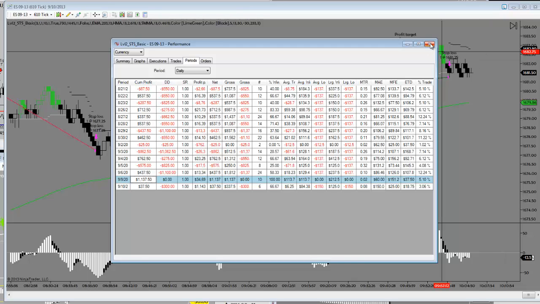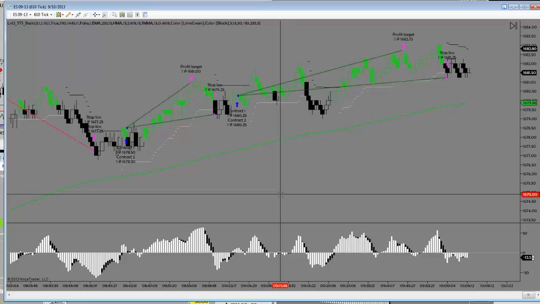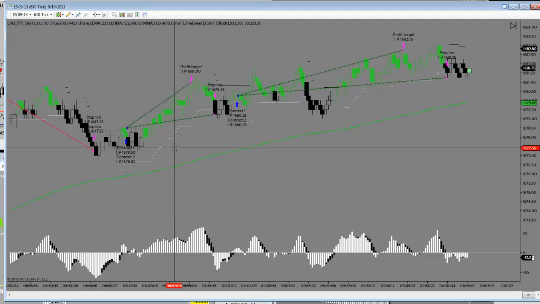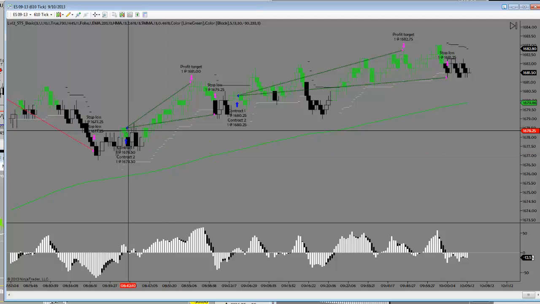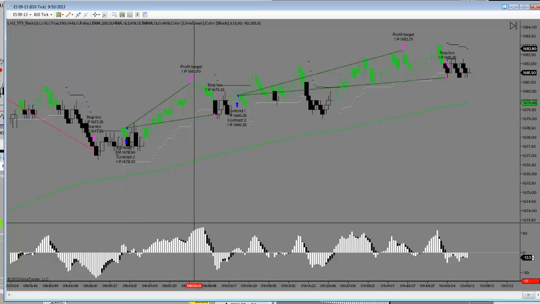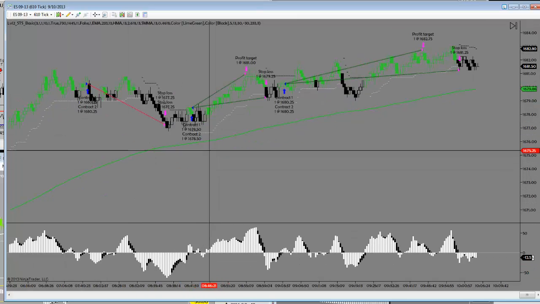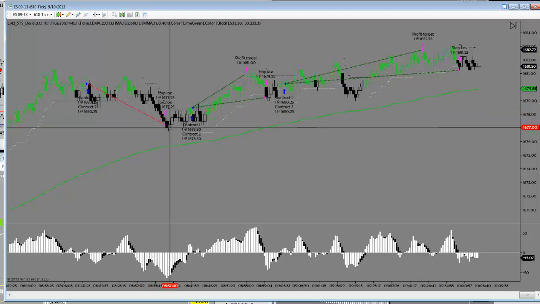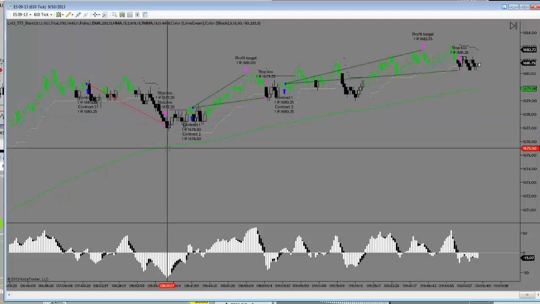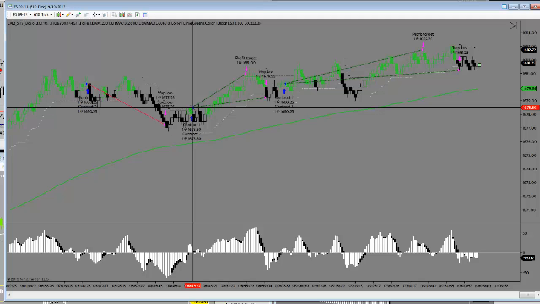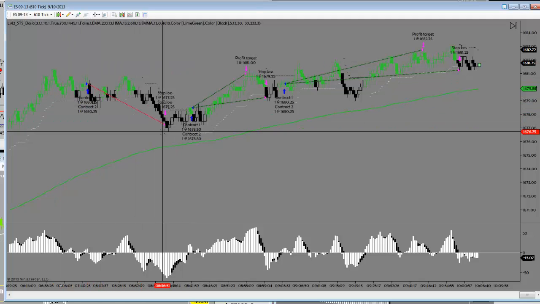Now let's come in and take a look at the system itself, and let's just take a look at targets and then trail stops. So from the entry right here, you can see that we're in a beautiful bull continuation pattern. We had a nice retracement trade back into our master Mo, and then this does exactly what we want it to do. We want to see this market pull back in a bull move.